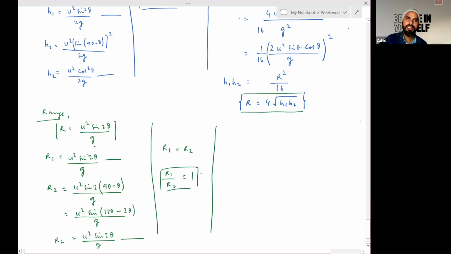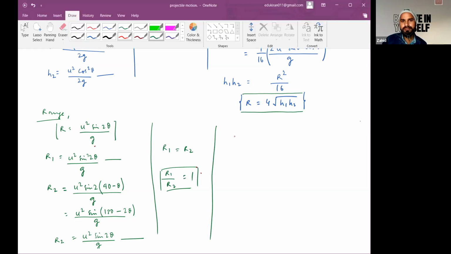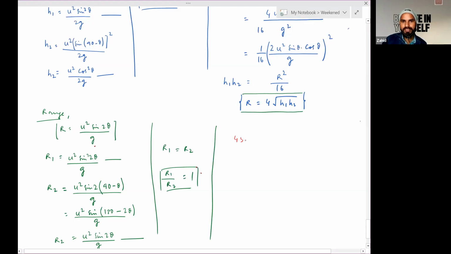Similarly, complementary angles may be of this type: if the first angle is 45 minus theta and the second angle is 45 degrees plus theta, if you again put the value of theta in range, you will again get the same result.